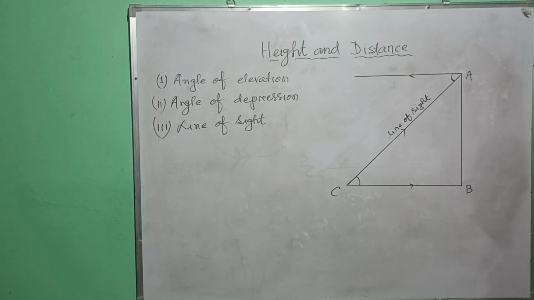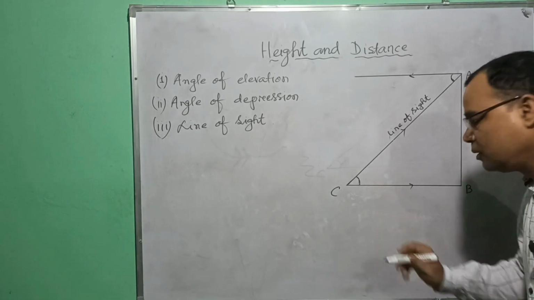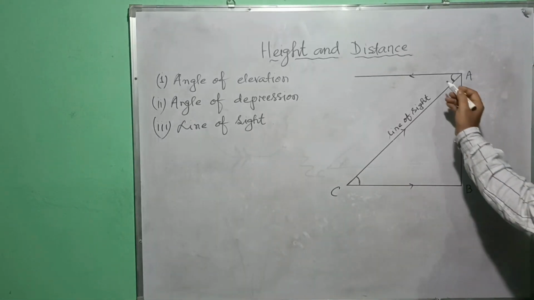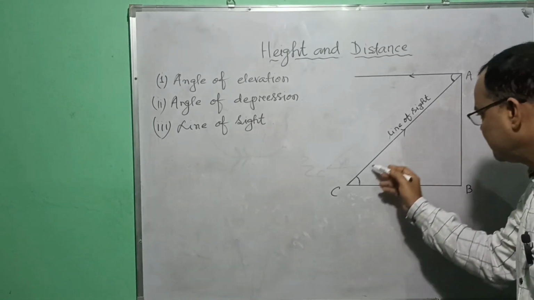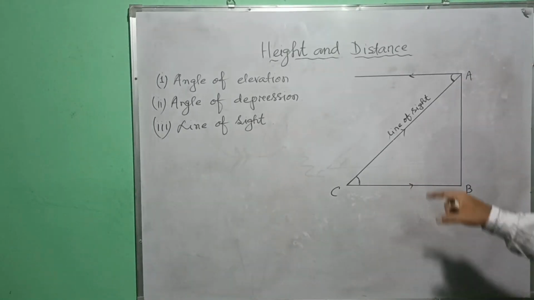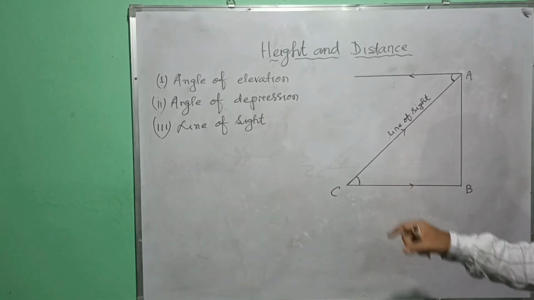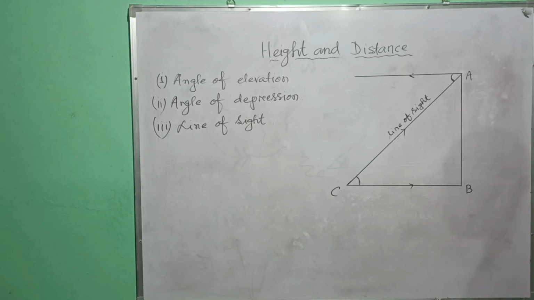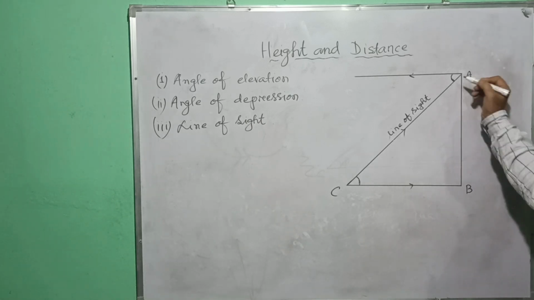But one thing you remember, these two angles are equal in measure. Why are these two angles equal? Because these two lines are parallel, and if we think of the line of sight as a transversal, then these two angles are alternate interior angles, so they are equal in measure. In our problems, first of all we'll find the angle of depression.